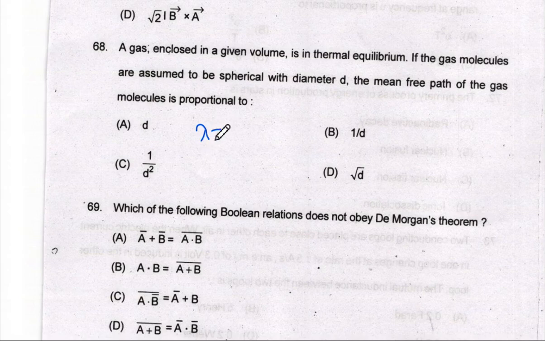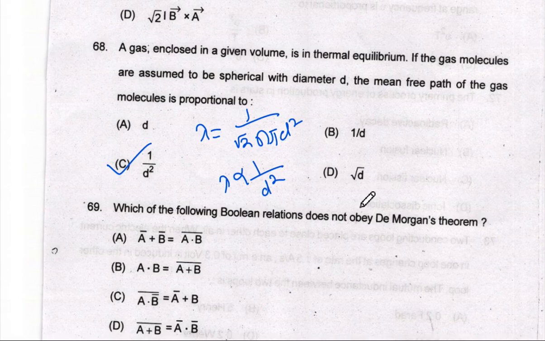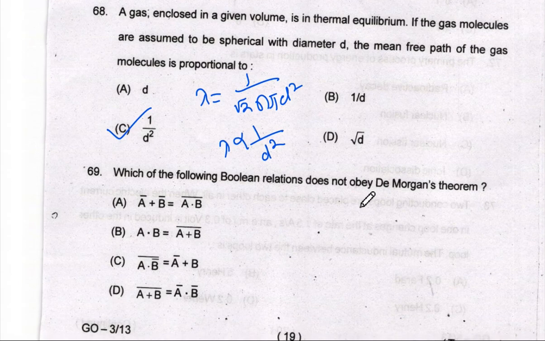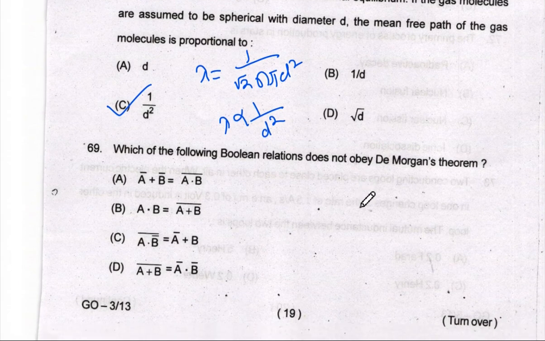Mean free path lambda is equal to 1 by root 2 pi n d square. So if you look at the formula, lambda is inversely proportional to the square of d, which is option C. So mean free path is inversely proportional to the square of diameter d.